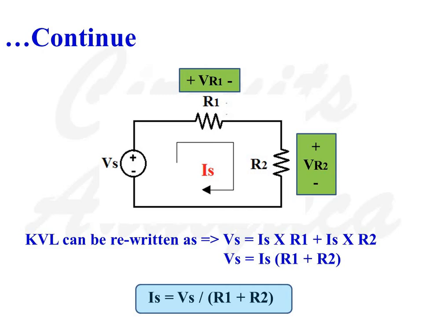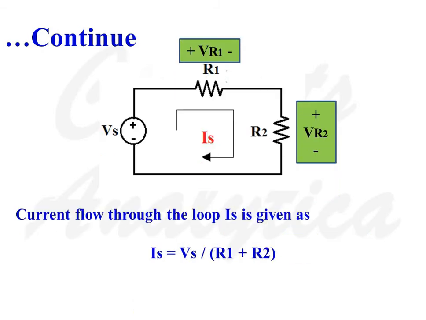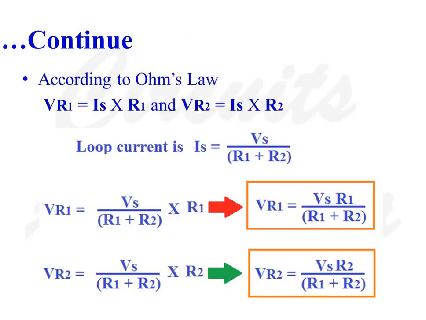So Vs is equal to Is into R1 plus R2, as Is is a common term. So we can write Is is equal to Vs divided by R1 plus R2. So the current flow through the loop is given as Is is equal to Vs divided by R1 plus R2.